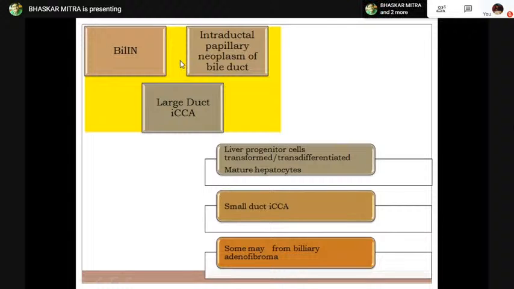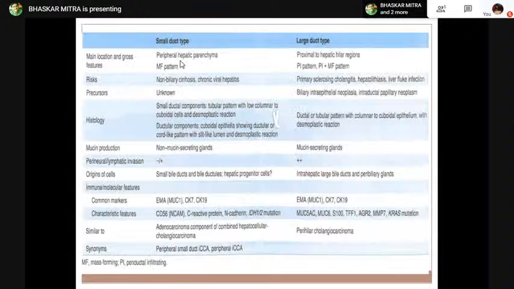Okay, now coming to this. What is small duct type and what is large duct type? Now look at the etymology, or the science of nomenclature. In the small duct type, we see small ducts, and in the large duct type, we see large ducts. The small ducts are more on the hepatic parenchymal sites, and they show a mass-forming pattern. Mass-forming pattern means they form a mass.